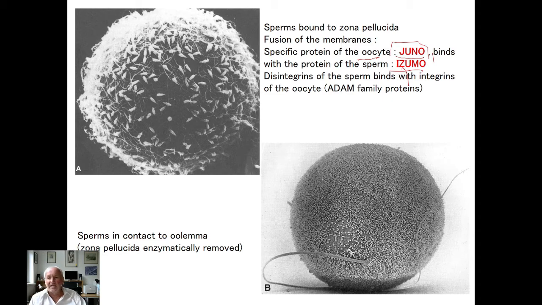So one name is from Japan and the second is from mythology. Very interesting two proteins working as receptors. Izumo is the receptor in the spermatozoa, Juno is the receptor in the oocyte.